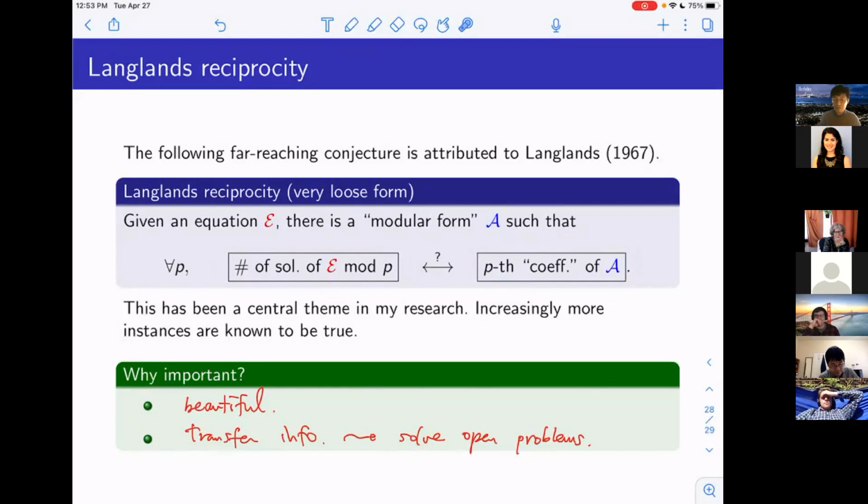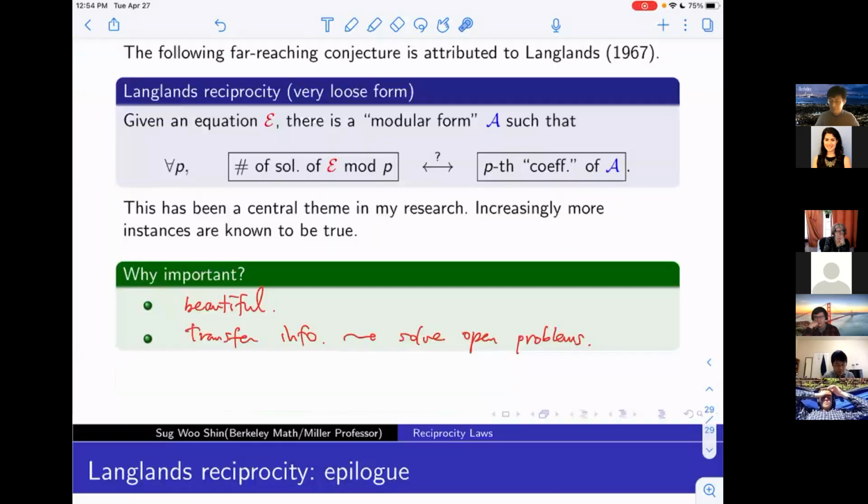And what you can learn about these numbers can be quite different. You learn something about these numbers from the left-hand side, and you can transfer that information to the right-hand side. And also you can learn about these numbers from the right-hand side, from the fact that they're coming from modular forms, and then you can transfer the information to the left-hand side. And by going back and forth, you basically increase the amount of your knowledge, and that's critical to solving open problems. Although this sounds a bit vague, let me just give you a quick example and finish.